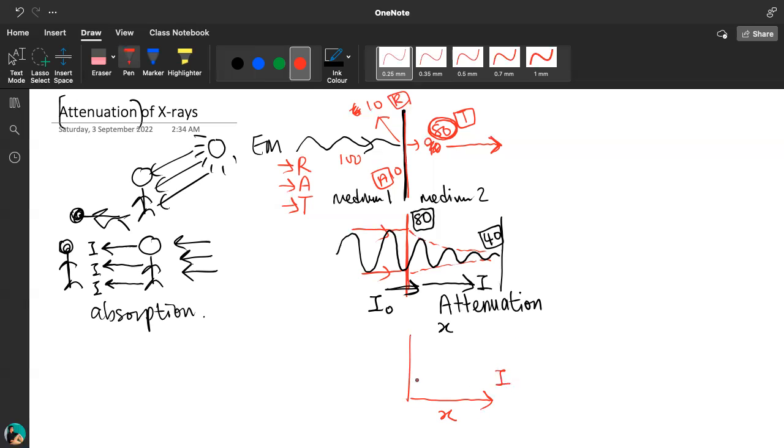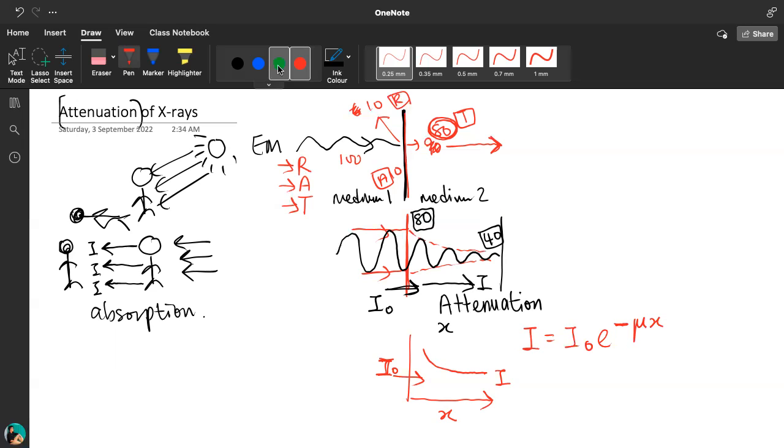What is your I compared with the one that is entering here, I naught? From here to here is an exponential decrease. So I will write I equals I naught e to the minus, a constant, we put mu x.